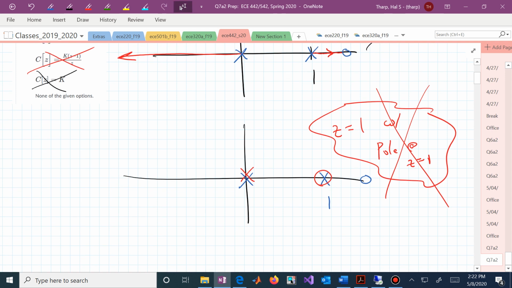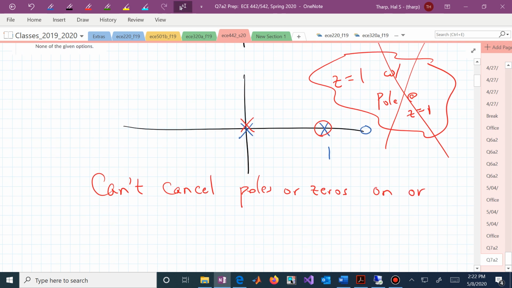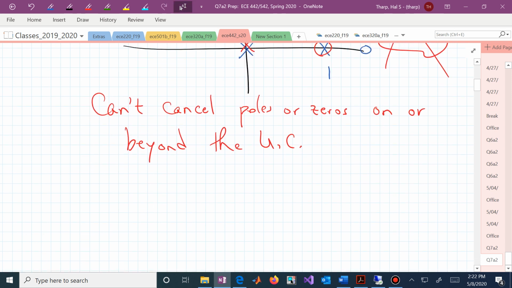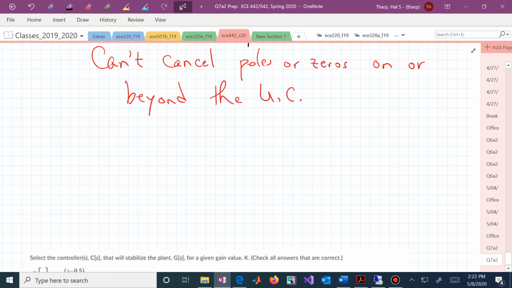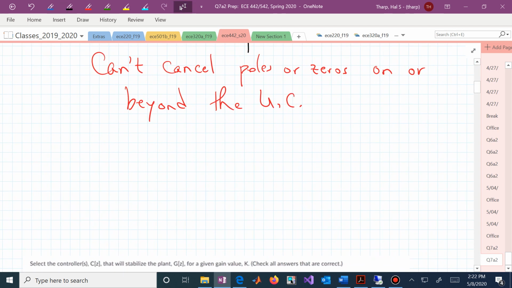We can't cancel poles or zeros on or beyond the unit circle.